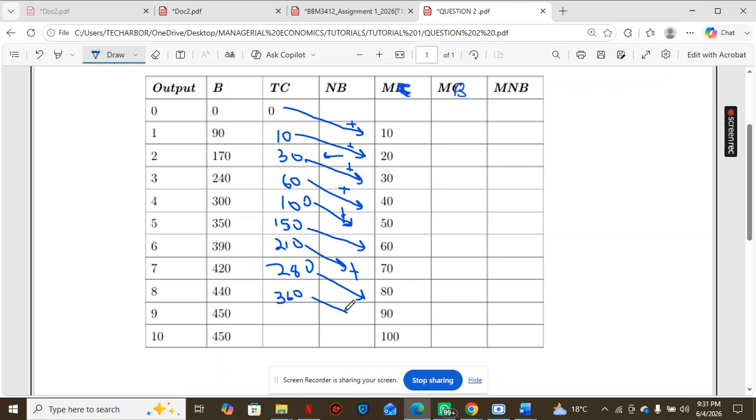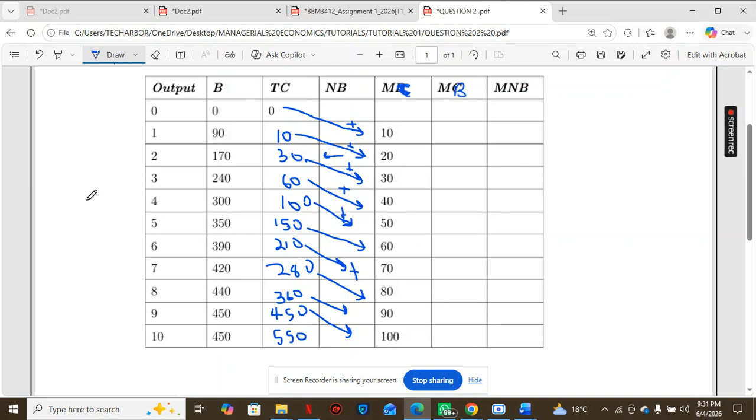Then 360 plus 90, you're going to get 450. Then 450 plus 100, you're going to get 550. Okay, that's how we get our total costs.